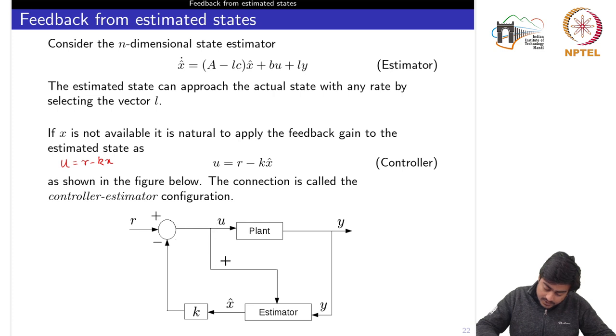So taking these two signals u and y, we estimate this x hat, and then this x hat we have further used to design the state feedback controller, which is given by u is equal to r minus K x hat. So we call this configuration the controller estimator configuration, where obviously in this part, the state feedback, we have the controller and it is taking the input from the estimator.